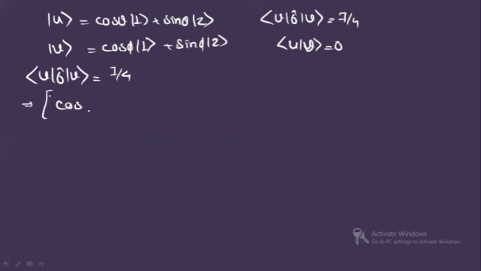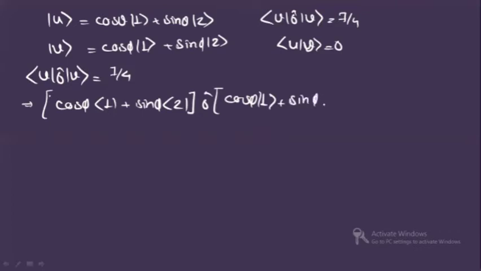You can write it as cos phi bra 1 plus sin phi bra 2. The operator will be as it is. Now we will write v in ket notation, that is cos phi ket 1 plus sin phi ket 2. It is equal to 7 by 4, that we will write.